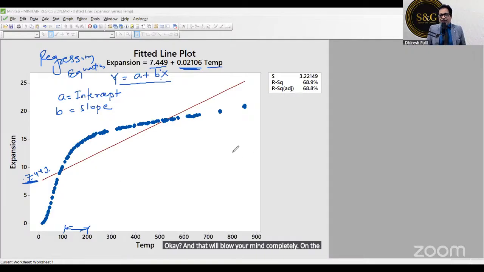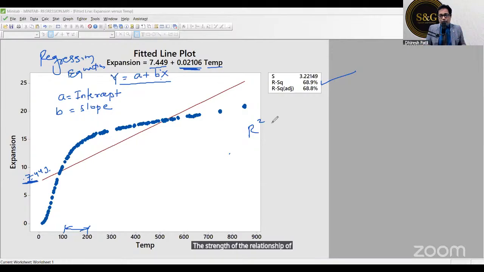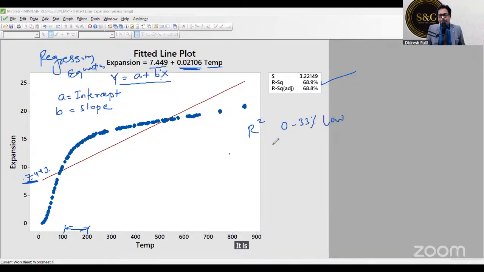On the right hand side, we have the R square value. Now write down: R square is nothing but the strength of the relationship of X and Y. If it is between 0 to 33%, it is low strength. If it is between 33 to 66%, it is moderate.